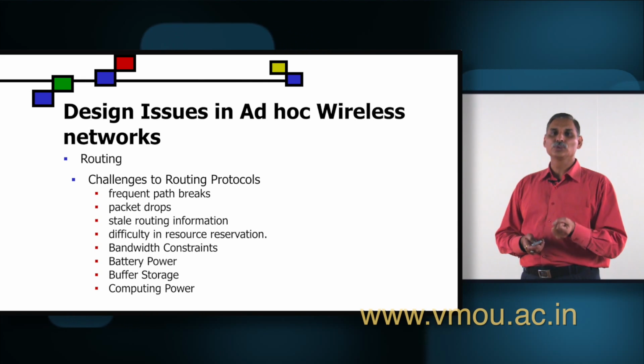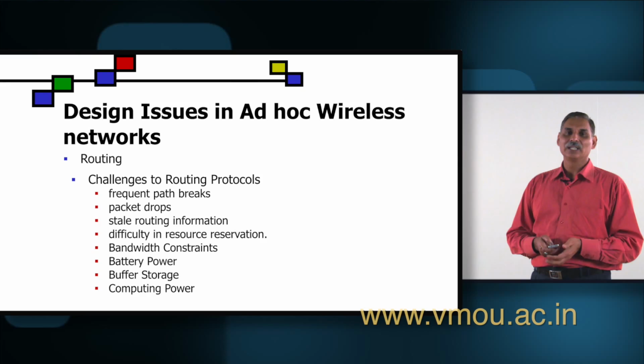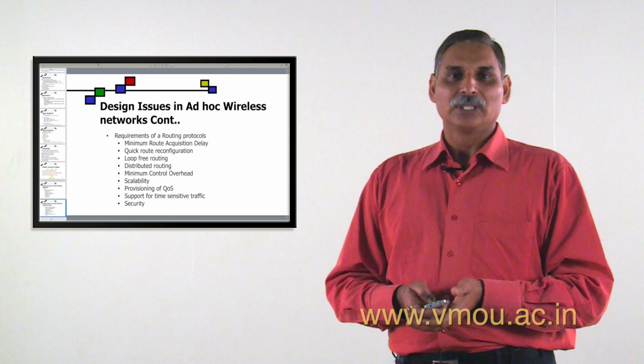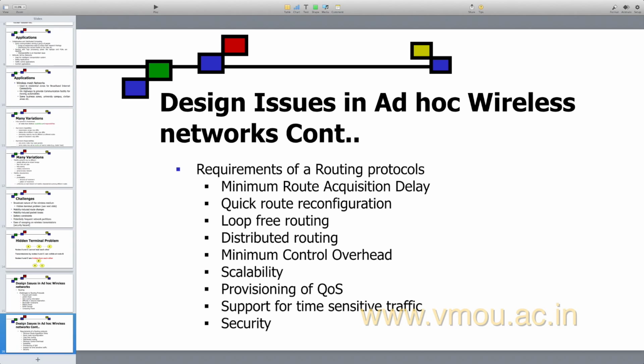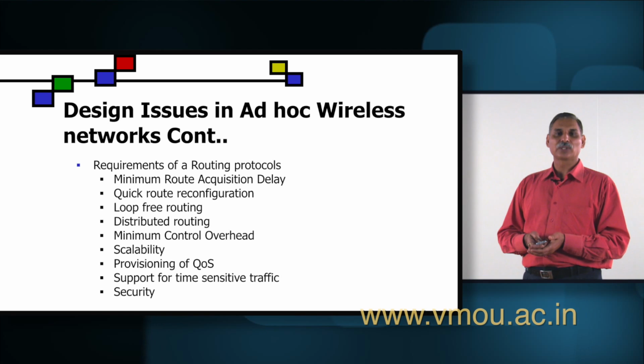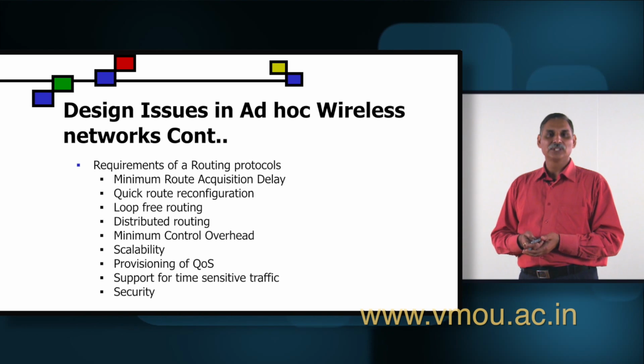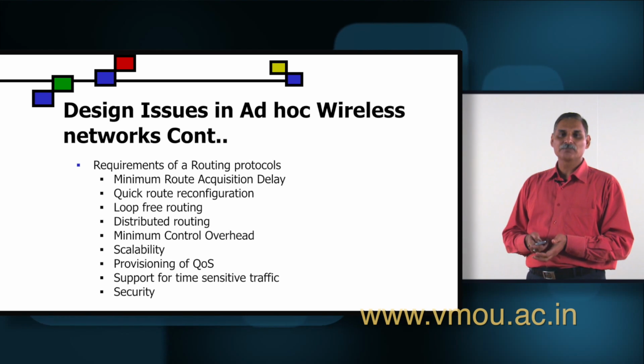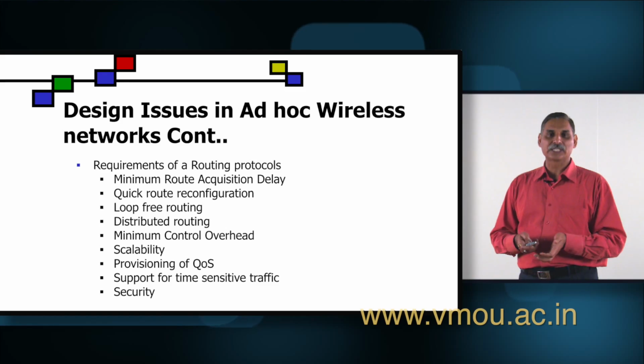These are all issues which need to be taken care of while designing a routing protocol. Requirements for a routing protocol: minimum route acquisition delay, quick route reconfiguration, loop-free routing, distributed routing, minimum control overhead, scalability, provision for quality of service, and support for time-sensitive traffic and security.